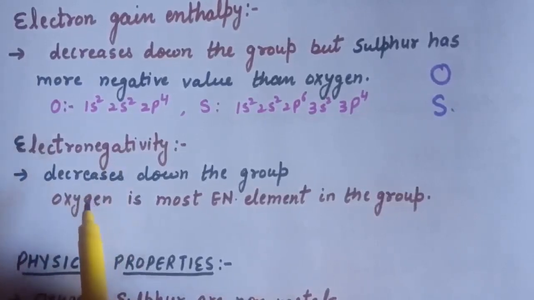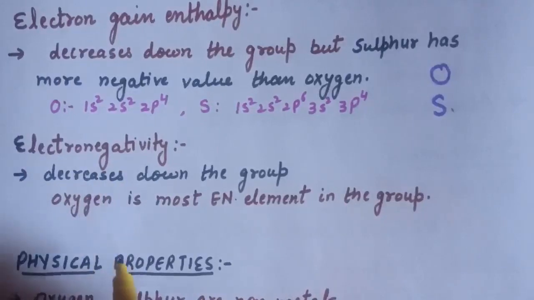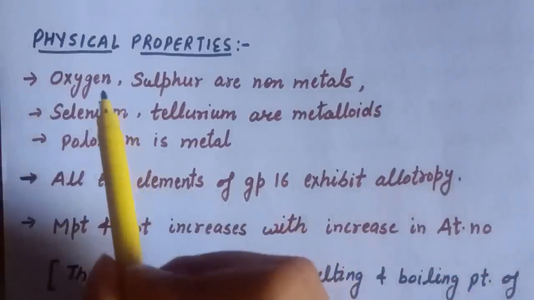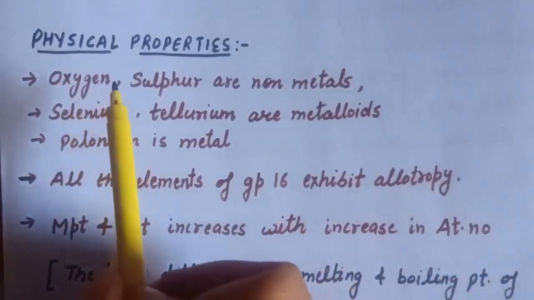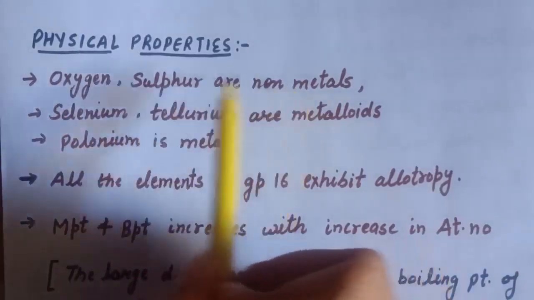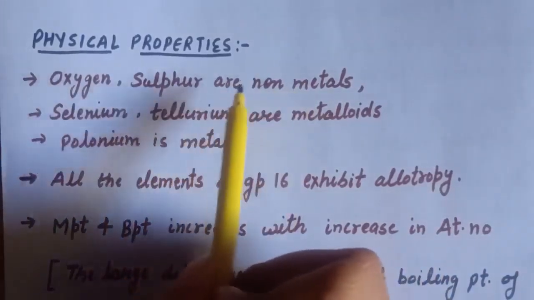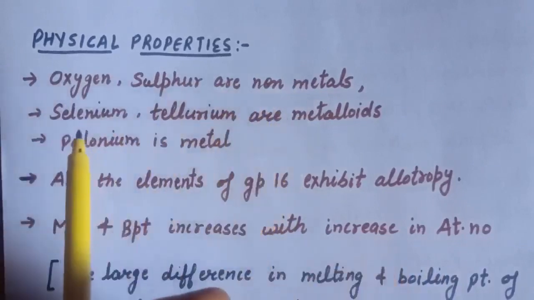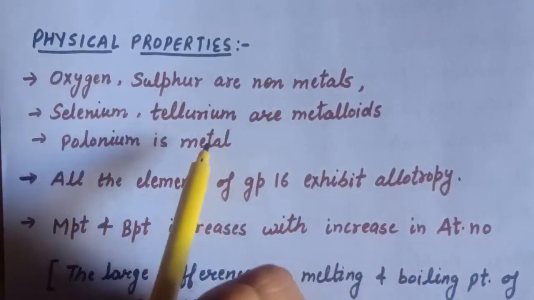Now we will discuss physical properties of group 16 elements. First, the first two members of group 16, oxygen and sulfur, are known non-metals, selenium and tellurium are metalloids, and polonium is a metal.